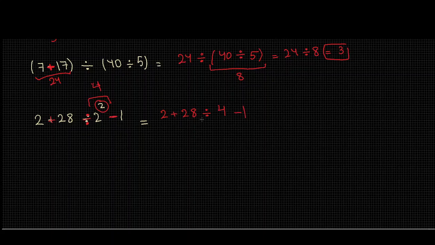Now I have division, it's the most important one. 28 divided by 4 is 7. So I will do 2 plus 7 minus 1. Since all of the operations here are of equal importance, I will start from left to right. 2 plus 7 is 9. So 9 minus 1, that is 8.